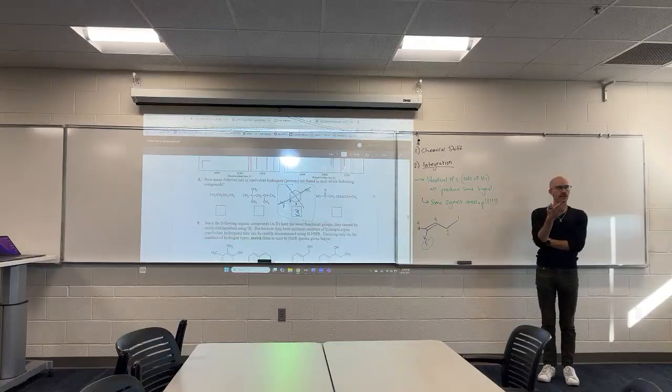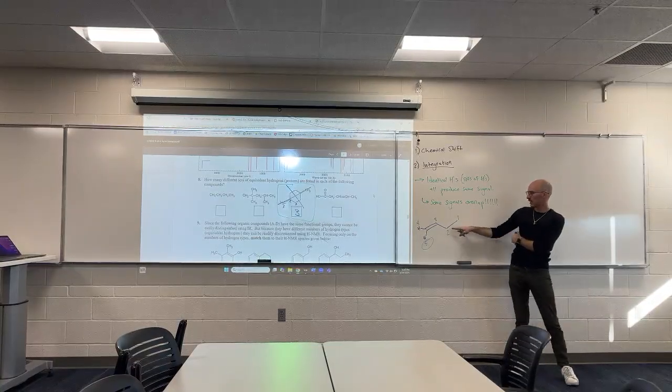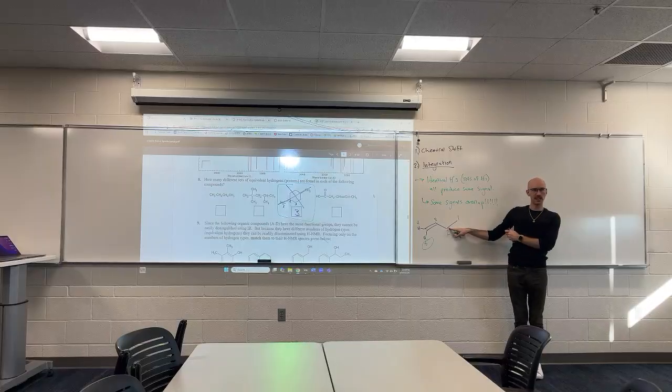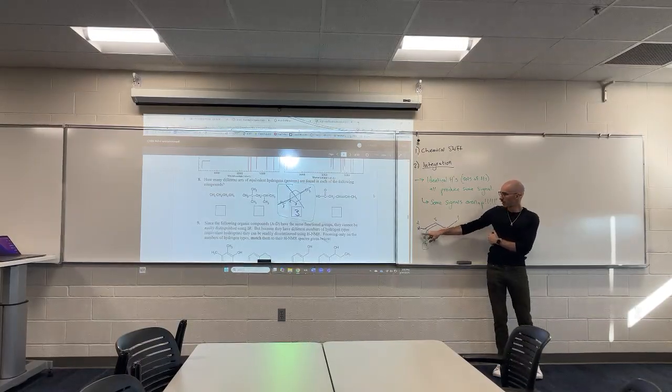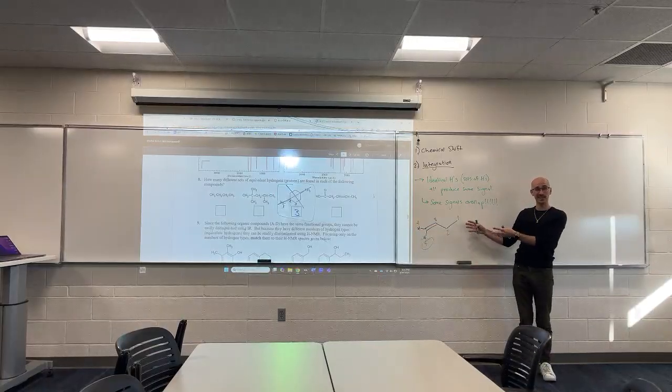Why? That CH2, they're attached to the same carbon in the same way that this CH2 is attached to the same carbon. So why are these different? Well, you can actually see it based on how they're spaced out.